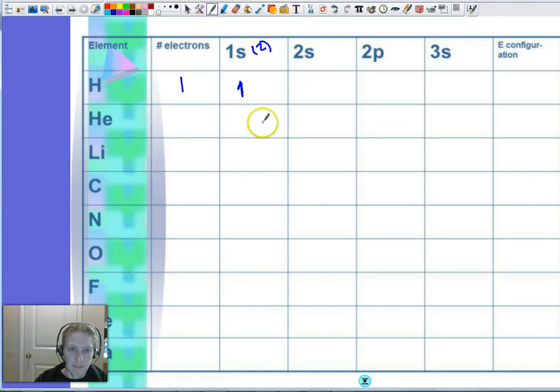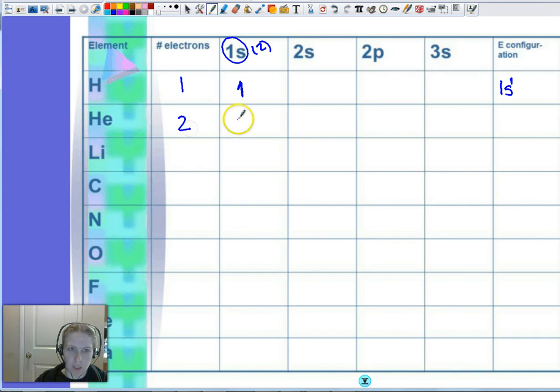So it's just going to have this half arrow and nothing else. My electron configuration, I have 1s, so right here, that tells me 1s, 1. Now this isn't a power. This is telling you how many electrons are in that shell. So 1s1 is the electron configuration for hydrogen.